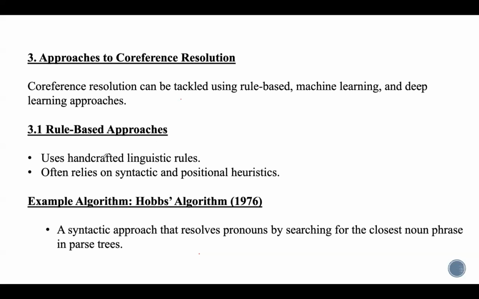So here it uses handcrafted linguistic rules and relies on syntactic and positional heuristics. And the algorithm used is Hobbs' algorithm, which resolves pronouns by searching for the closest noun phrase in the parse tree. So we already saw this point before.